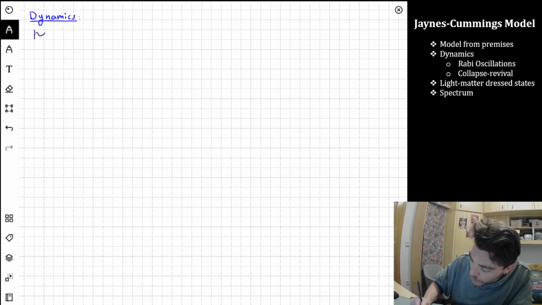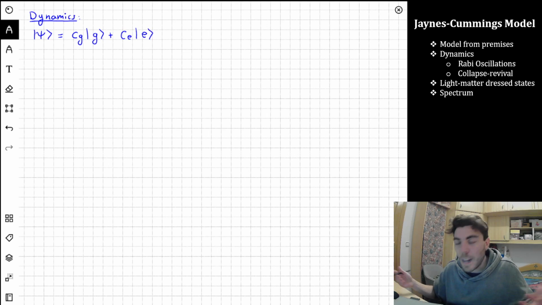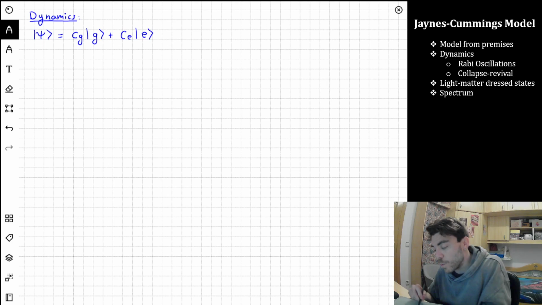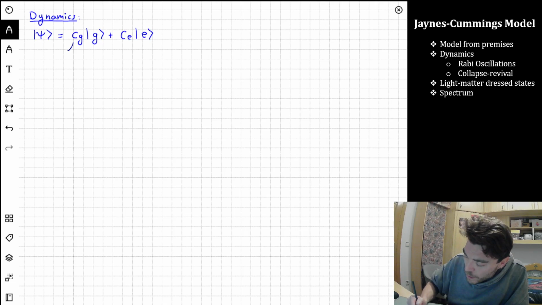But let's recall that in the semi-classical problem one can write the state as a certain probability amplitude times the ground state plus a certain probability amplitude for the excited state times the excited state. This is general. This means that G and E is a complete basis. You can always write a solution in this way, and all the time dependence is in the coefficients.